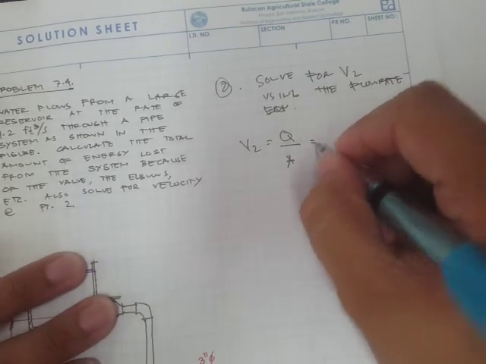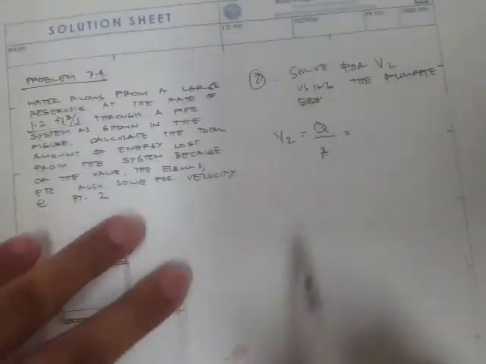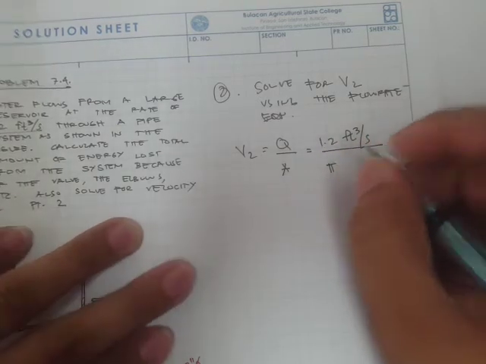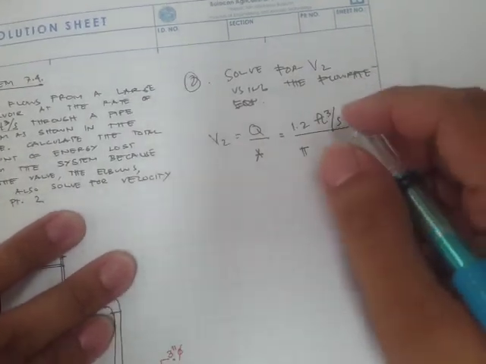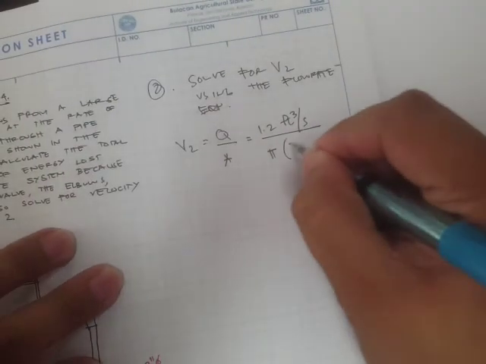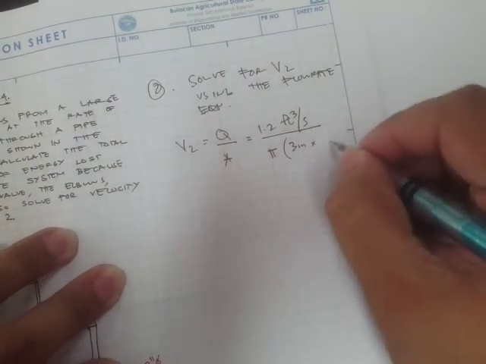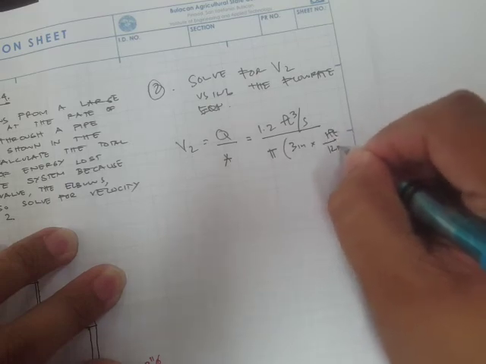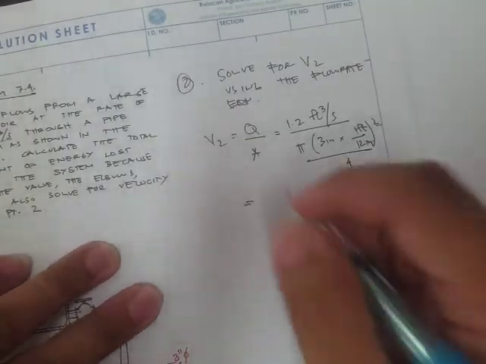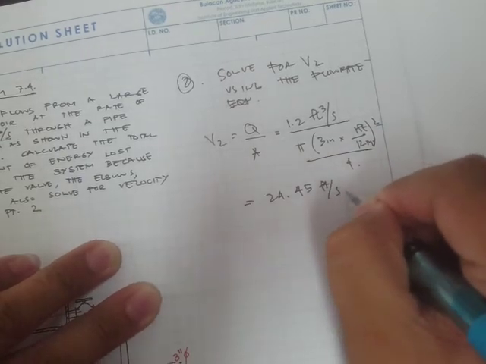Our Q is given, right, 1.2 feet cubed per second, divided by our area, which is pi times 3 inches. Of course, you have to convert that into feet, so 1 foot is equal to 12 inches. This is squared all over 4, and therefore what you get is 24.45 feet per second.